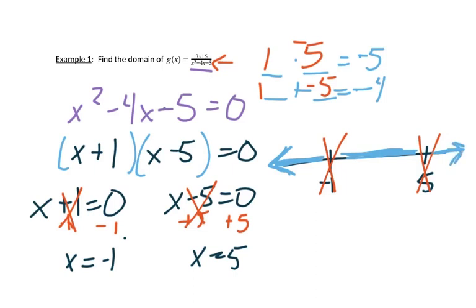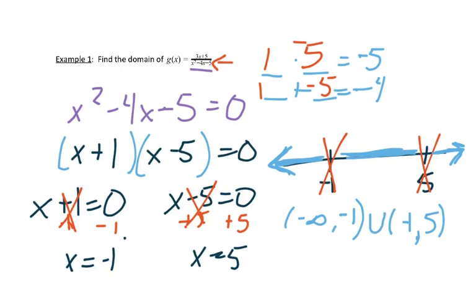So we need to write that in interval notation. Again, we would read from left to right. We would have negative infinity to negative 1. We can't use negative 1, so we'll use a parenthesis. And then our next piece would be between negative 1 and 5. We can't use negative 1 or 5, so we'd have parentheses.